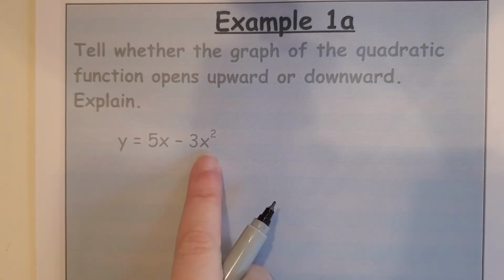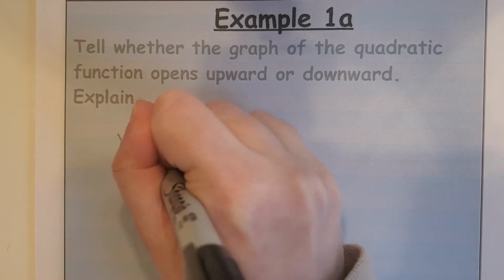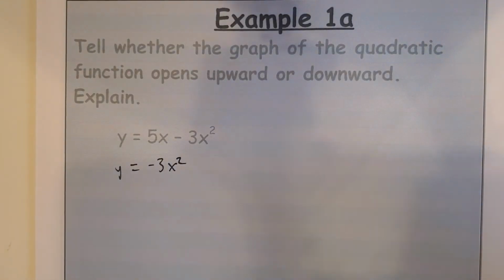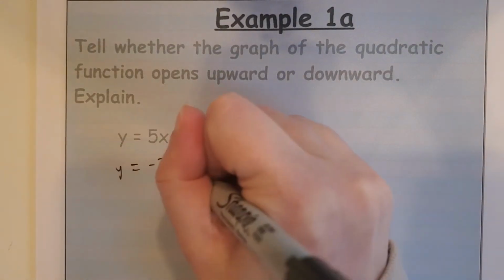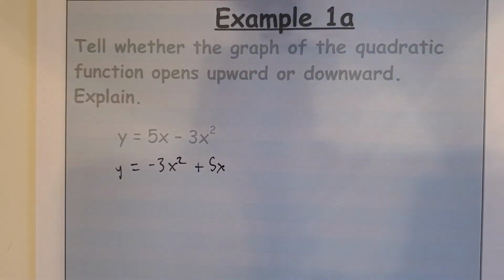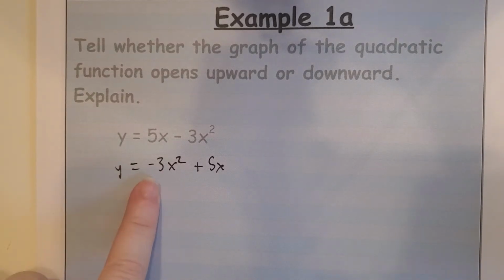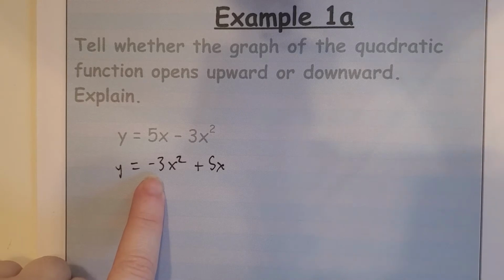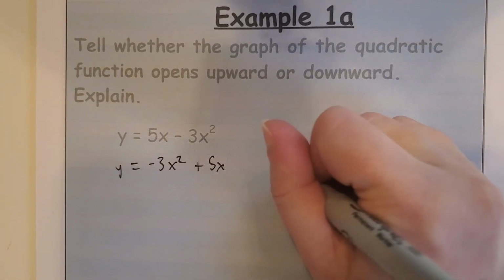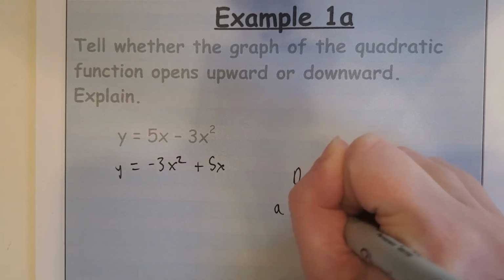So since this is minus 3x squared, when we rewrite it, we're going to keep that minus with the 3x squared. And then 5x is positive, so we're going to leave it positive 5x. And now it's in standard form, and now we can figure out whether the graph will open up or down. And since your a, your leading coefficient, is negative, it's once again going to open down for the exact same reason.